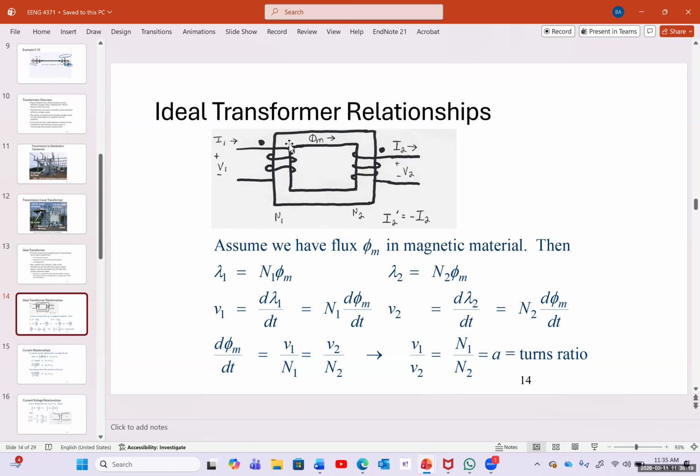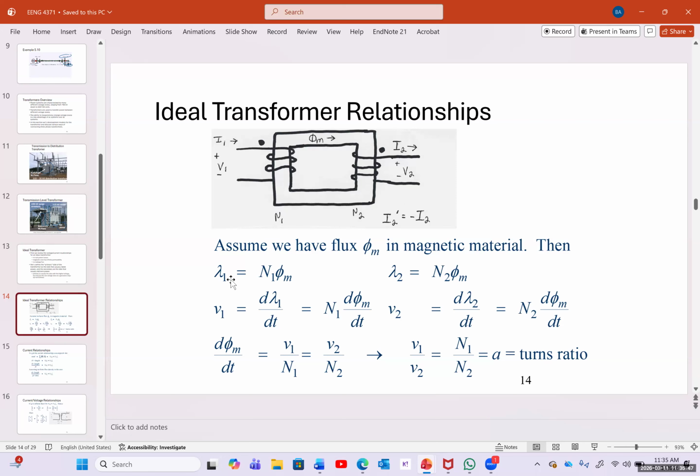And since we assume that we have infinite permeability, meaning we have no magnetic resistance, in other words, all this magnetic flux that is generated from the primary side would be converted to the secondary side. We have no loss in the system. So assume we have flux phi m in the magnetic material, and we have no loss in the system and no eddy current and so on.